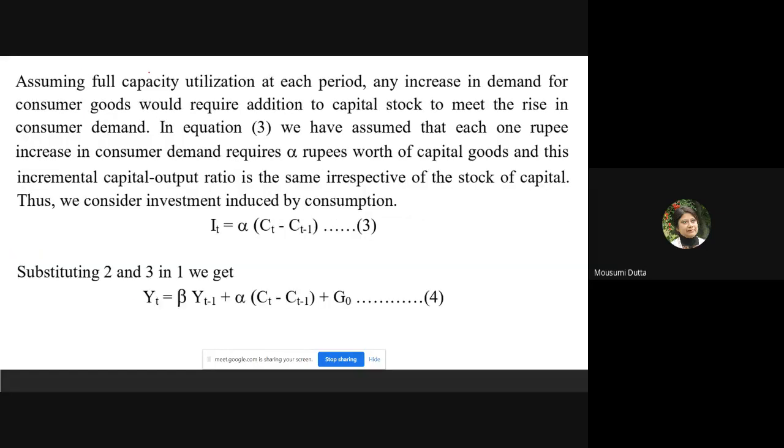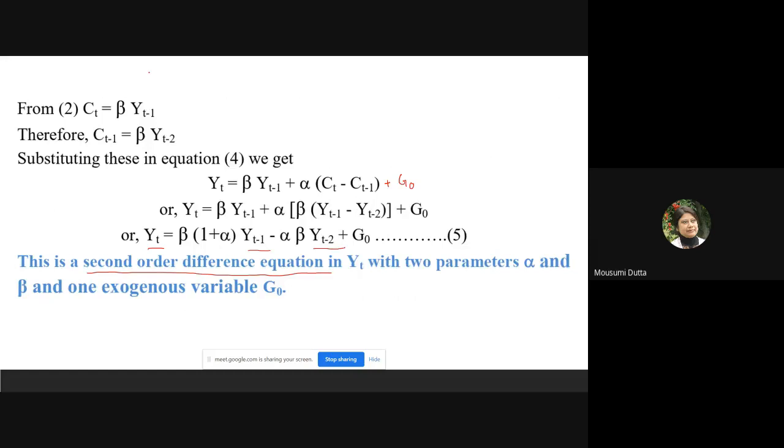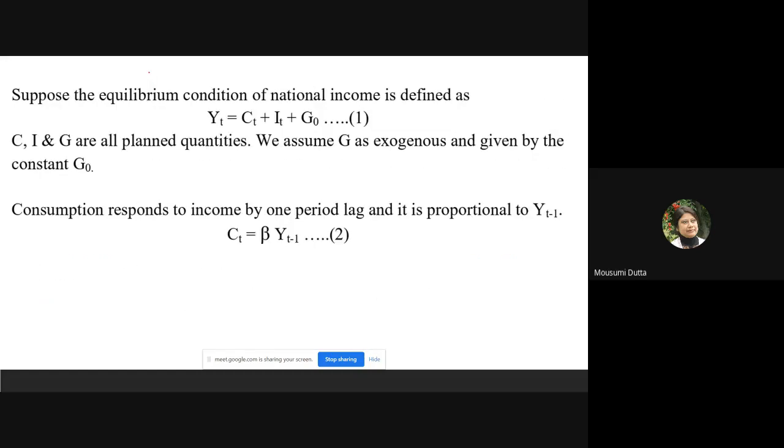Now I'm moving back to equation number 2. From equation number 2, we can frame an idea. What is the minimum possible value of beta?